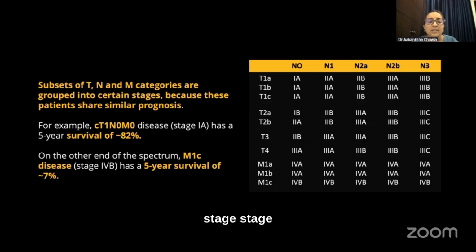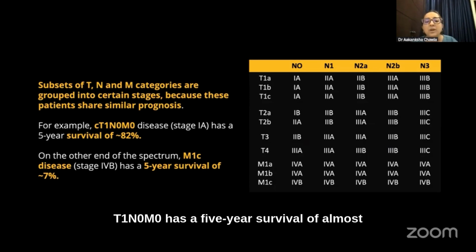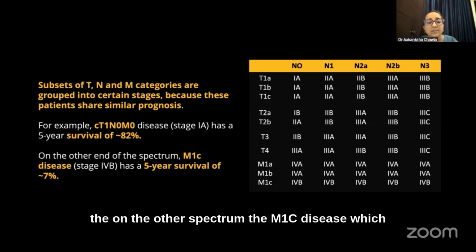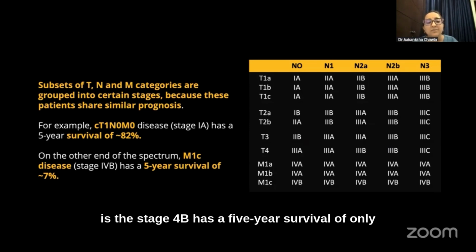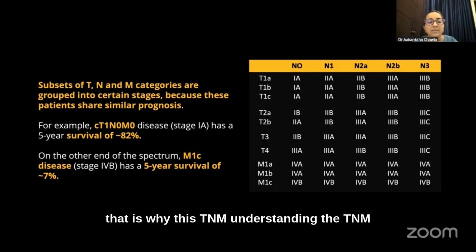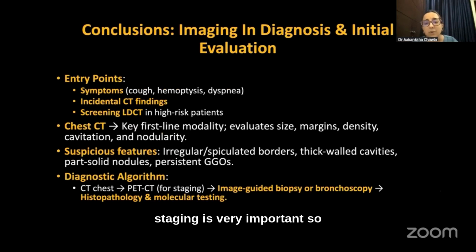Like I told you, stage 1A, which is your T1N0M0, has a 5-year survival of almost 82% when diagnosed and treated. And on the other spectrum, the M1C disease, which is stage 4B, has a 5-year survival of only 7%. So it is very important to stage, and that is why understanding the TNM staging is very important.